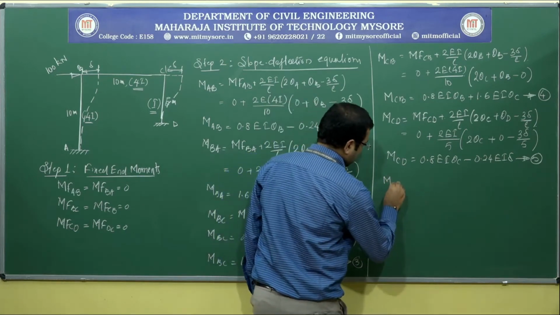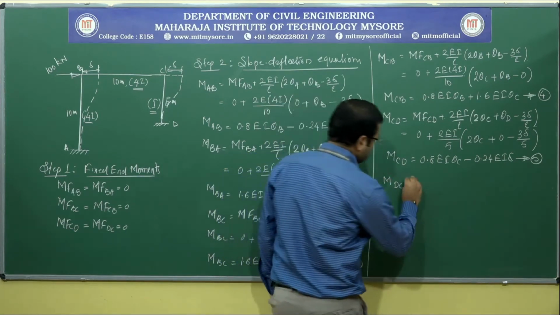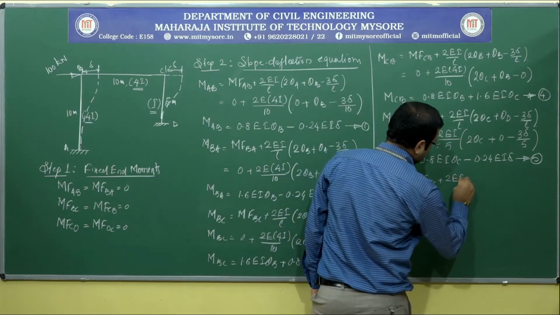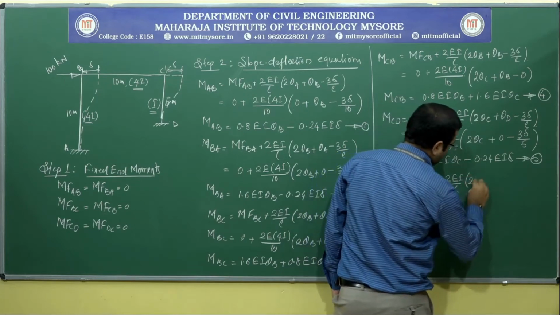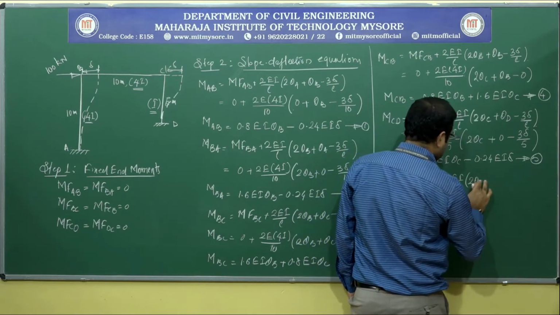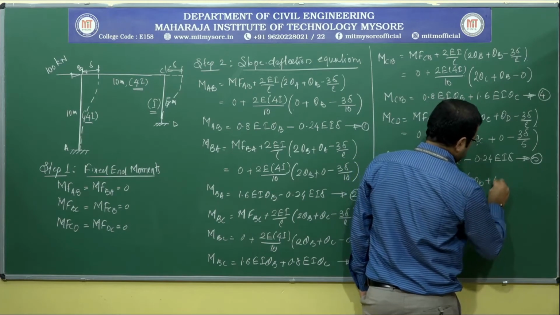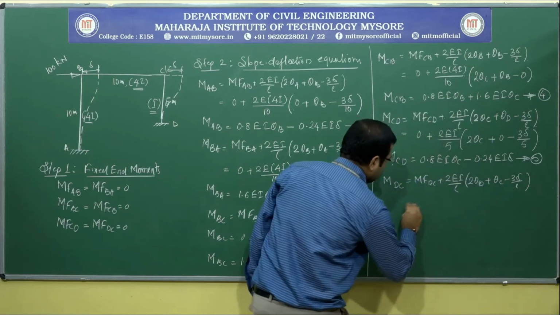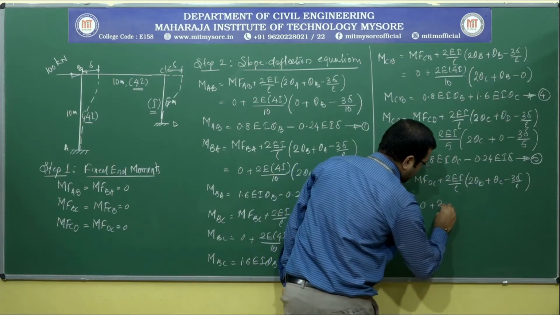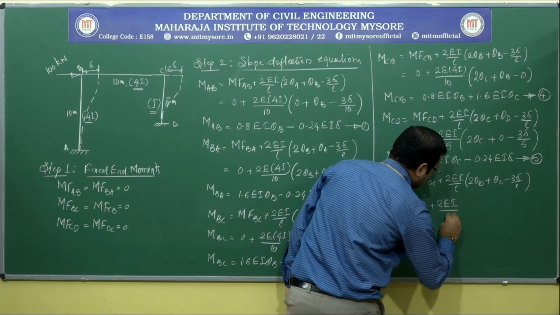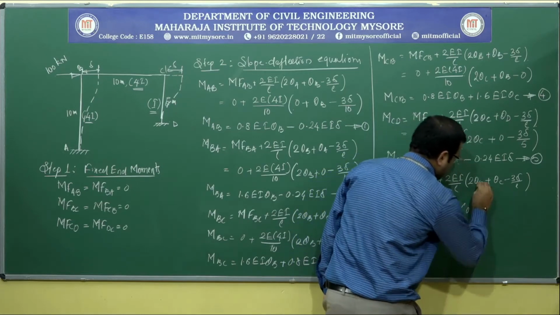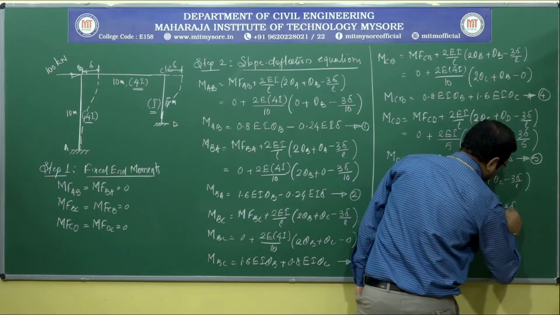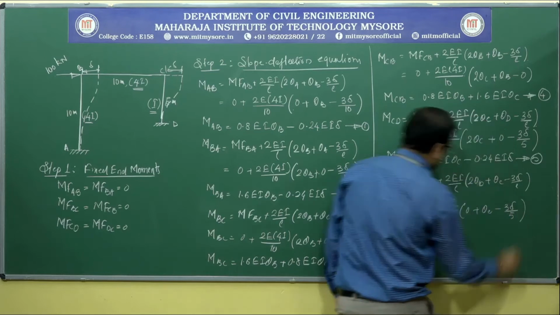Similarly, we need to write the last equation, that is MDC. It is equal to MFDC plus 2EI by L into 2 theta D plus theta C minus 3 delta by L. So MFDC is 0 plus 2EI, L is 5 meter into theta D is 0 plus theta C minus 3 delta by L is 5 meter.